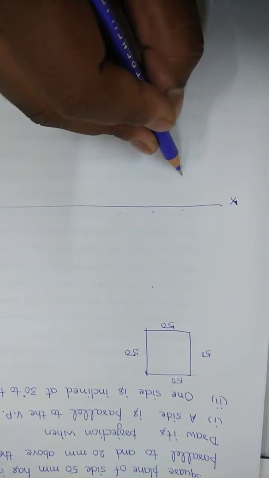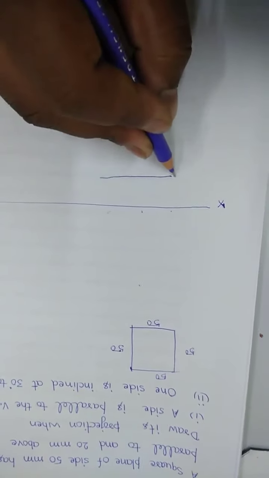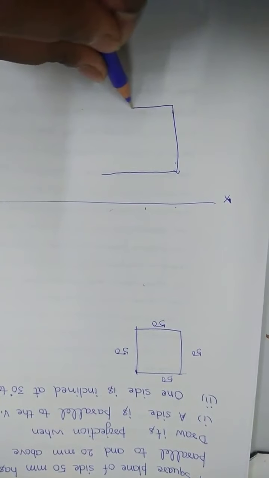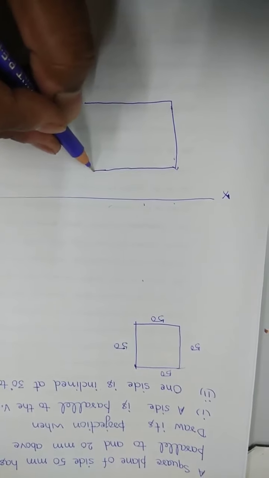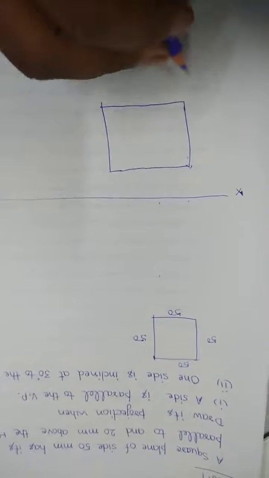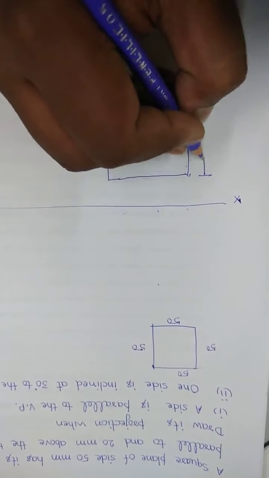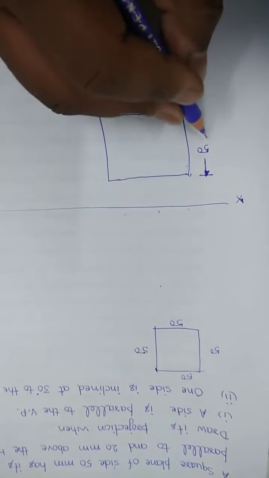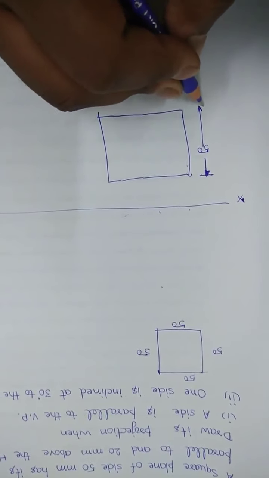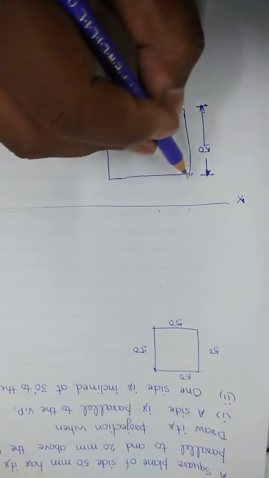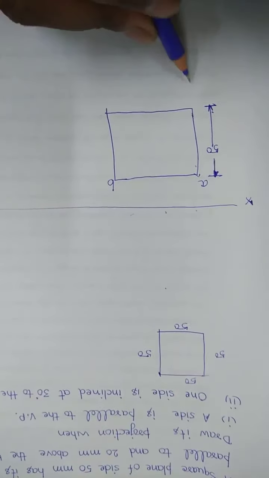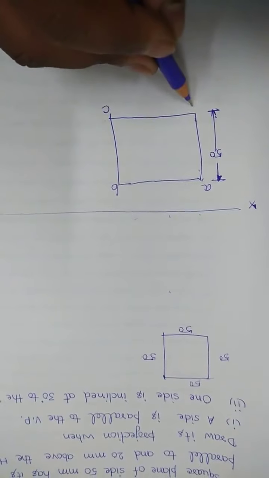So try to make the square of 50 mm. You will get this square of 50 mm. Now you have to annotate it like A, B, C, D.